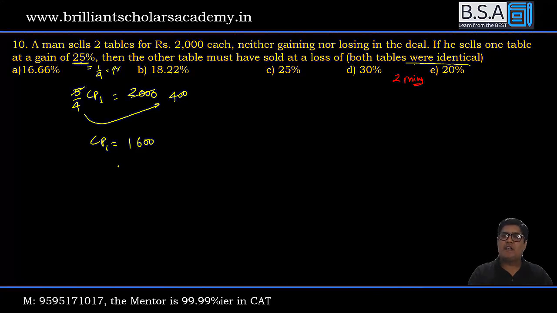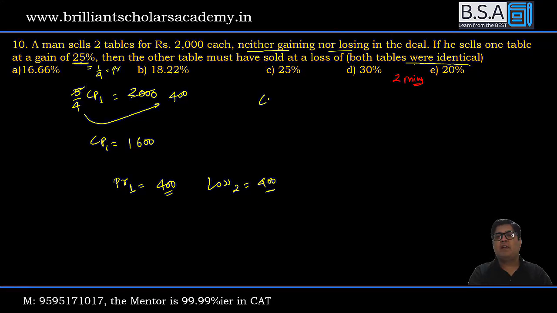The question has been framed in such a manner that there is no profit loss. So profit on the first table is 400 rupees. That means the loss on the second table must also be 400 because there is neither gain nor loss. When is the situation of loss? When cost price is more than selling price.